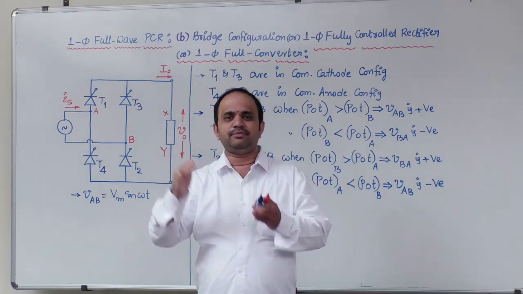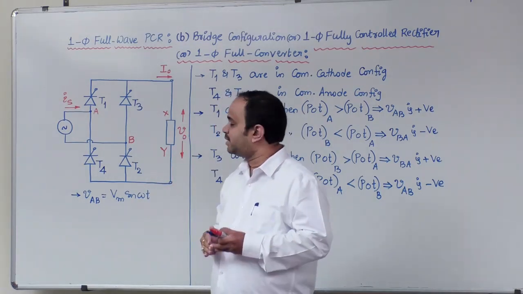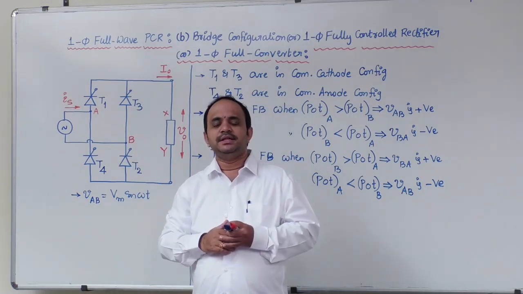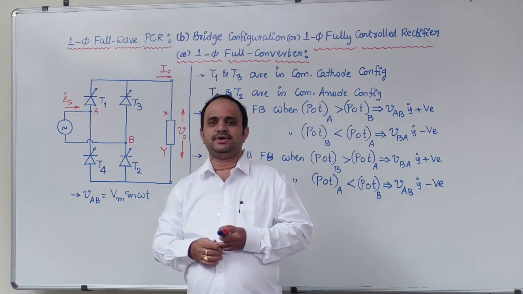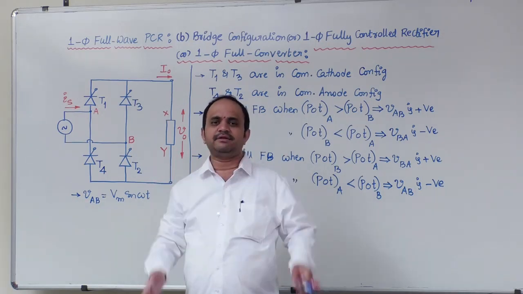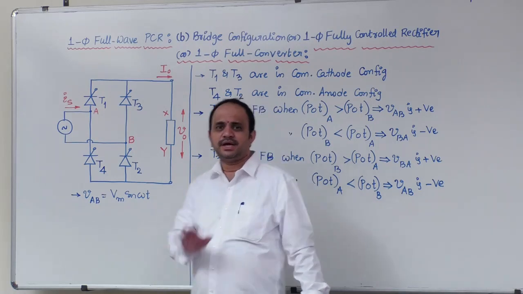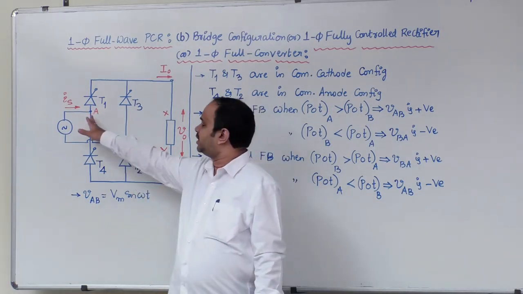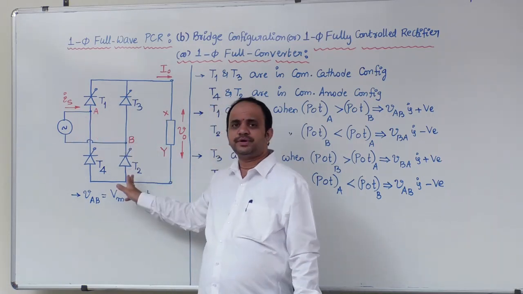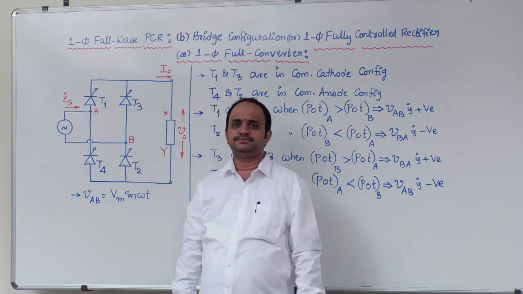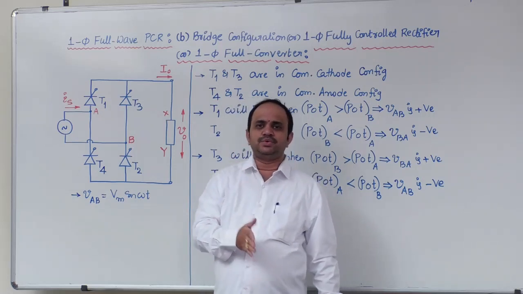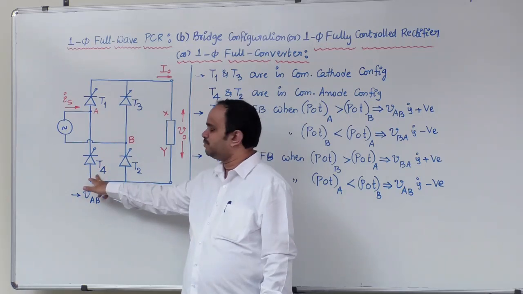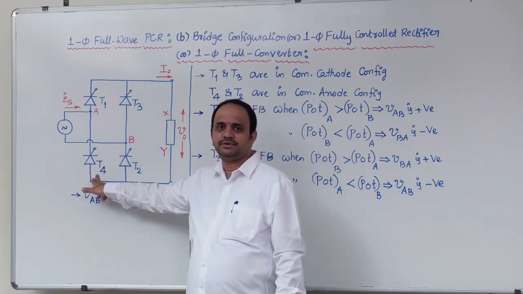Now the T3 T4 pair will be in conduction from pi plus alpha until the next pair starts conduction, that is 2 pi plus alpha. Therefore, the conduction intervals, I am repeating again: alpha to pi plus alpha, T1 from the upper half and T2 from the lower half conduct. Pi plus alpha to 2 pi plus alpha, T3 from the upper half and T4 from the lower half conduct.